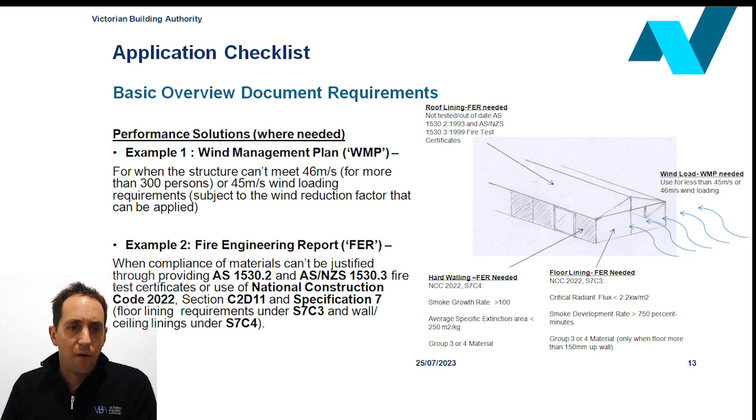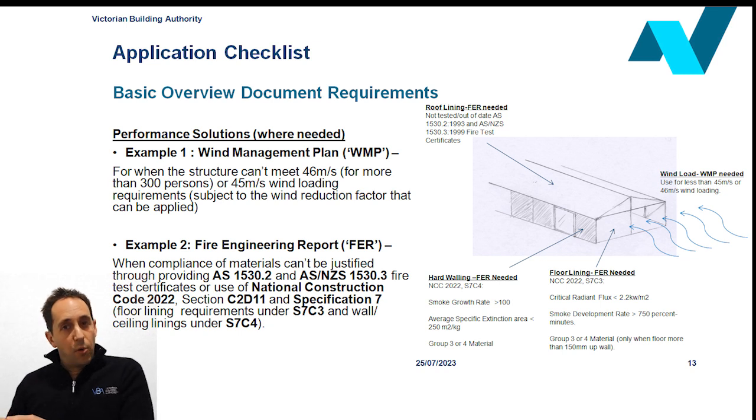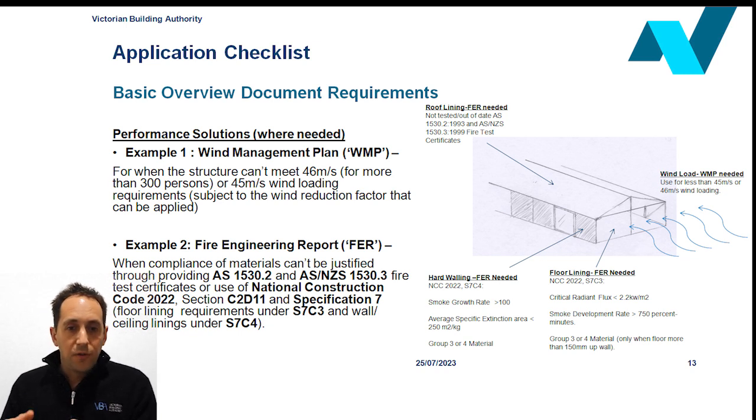Please note where a wall covering cannot be tested under AS 1530 Part 2, for example, the material is thicker than 2 millimeters and can't be bent around the mandrel, or AS/NZS 1530 Part 3, in the example where it's a material that's considered to be a hydrocarbon material such as PVC or polycarbonate, which can't be tested because of the melting of the material. This doesn't necessarily mean that you need a fire engineering report. There is another option that you can comply with.